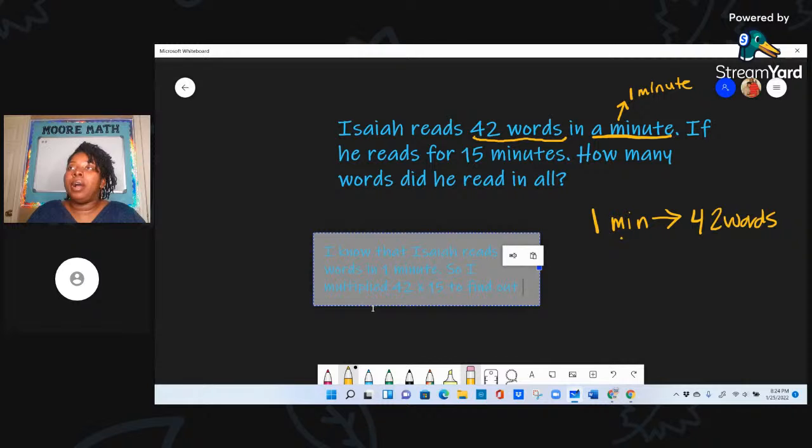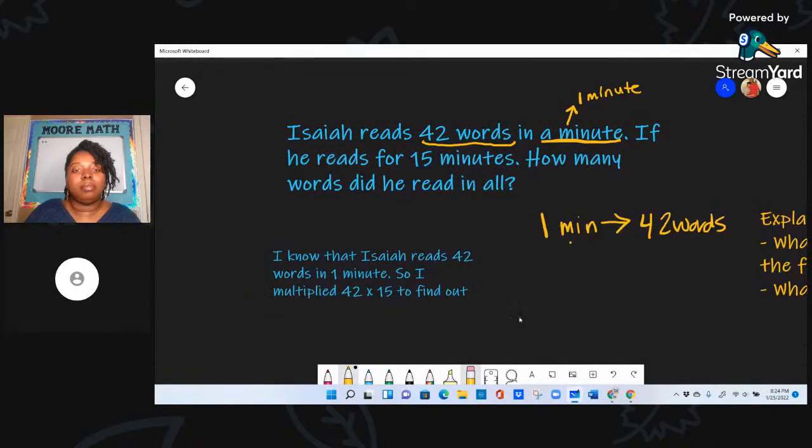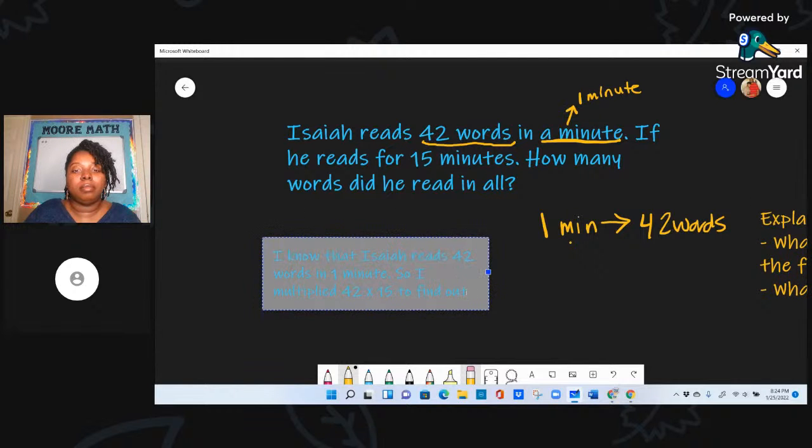To find out what? What is that going to give us? My final answer is going to tell us what? Look at the question. How much does it give us?